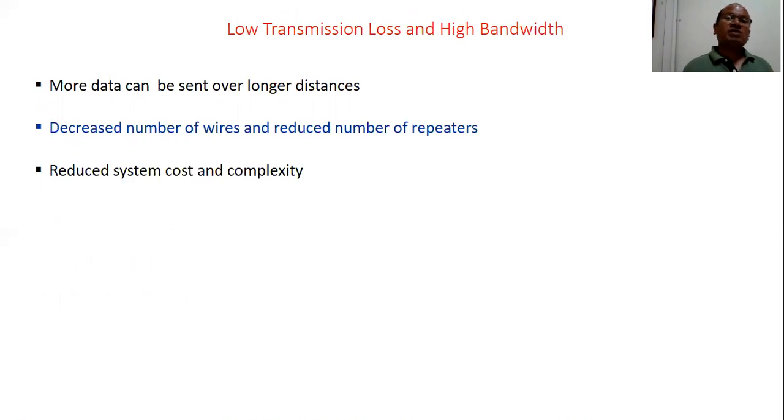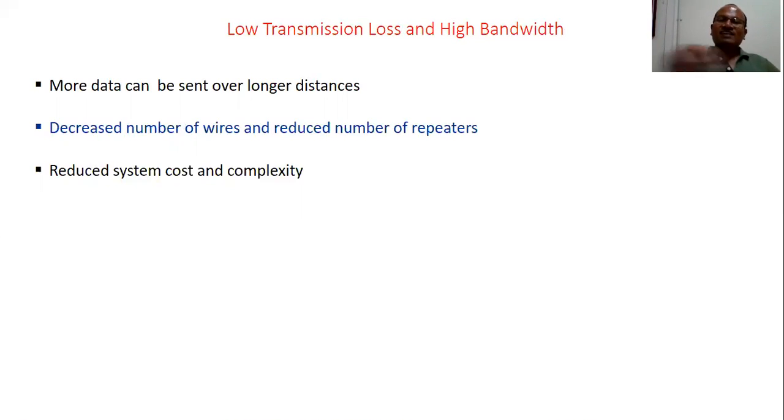So more data can be sent over longer distances. It's because of two reasons. The heading is low transmission loss and higher bandwidth. So you can see in the first point, more data, longer distance. Why longer distance? Longer distance is because of low transmission loss.